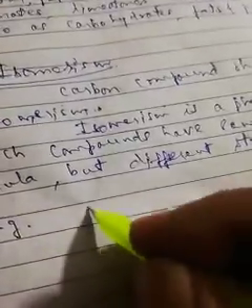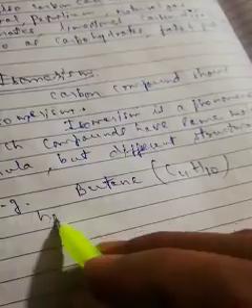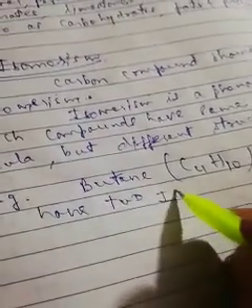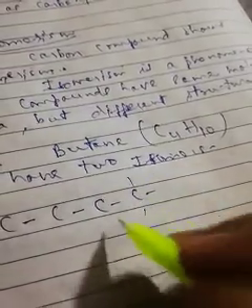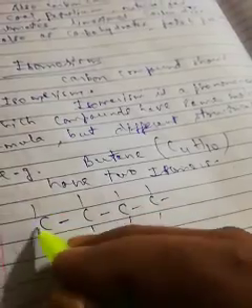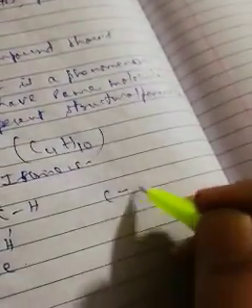Example: butane, C4H10, has two isomers: normal butane and isobutane.